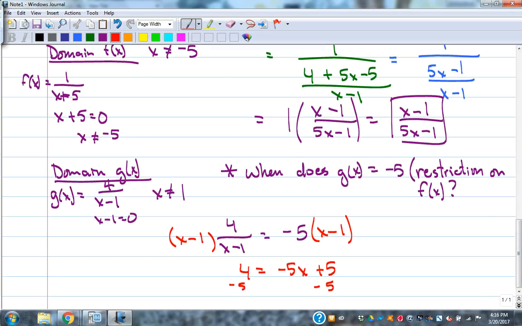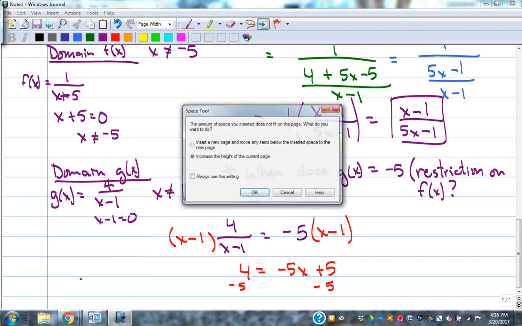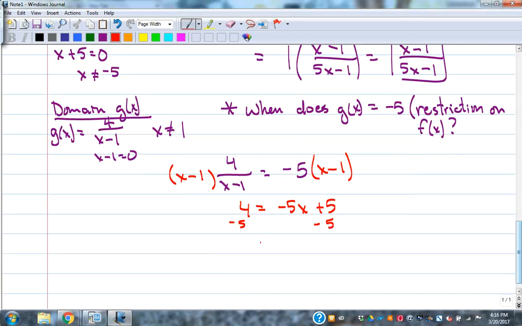Subtract 5, and that's going to be negative 5x is equal to negative 1. Divide by negative 5. x can't be 1/5. That's one of the restrictions.